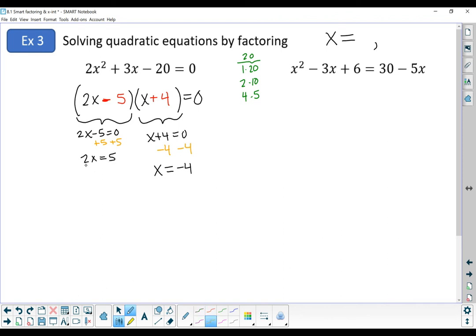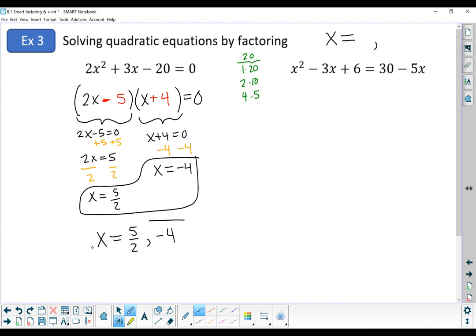And then I need to divide by 2 to get my answer, x equals 5/2. Certainly you could type that into your calculator and turn it into a decimal, but it's absolutely 100% great to just leave it in fraction form. So our two answers are 5/2 and -4. You can leave it listed like this, or you can list it with a comma. Either of those is fine.